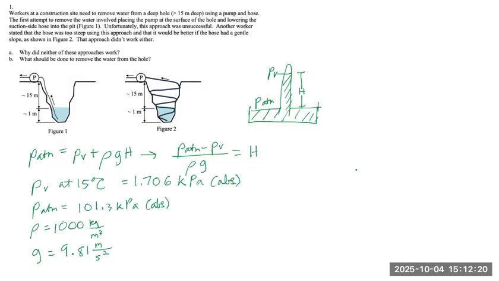Thus, plugging in these values, we have that the height is equal to 101.3 minus 1.706, all over 1,000 times 9.81.